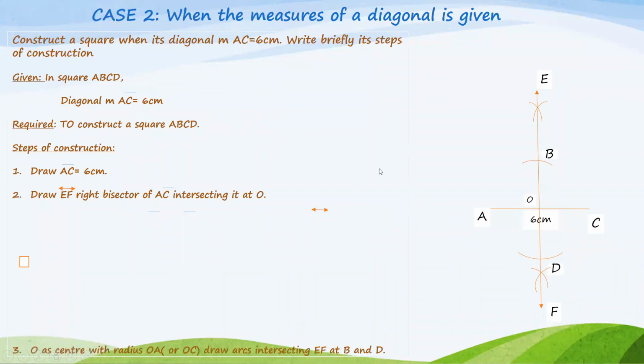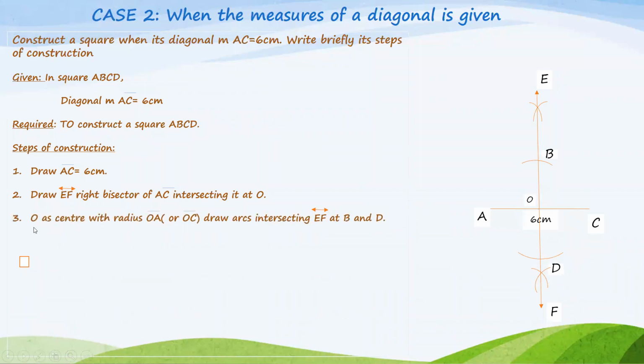the last step is, okay, now in the steps of construction, you can see that O is the center with radius OA and OC.